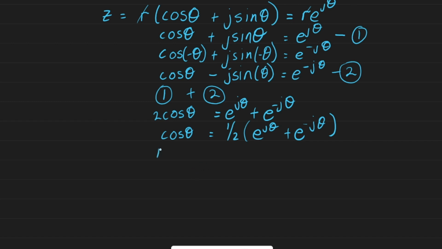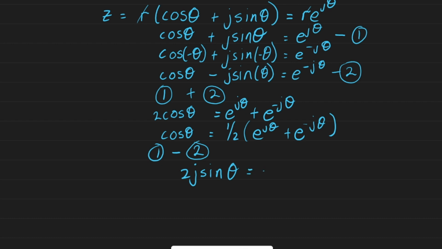All we do is we take equation 1 and we now subtract it from equation 2. So cos theta minus cos theta gives us 0, and then plus j sine theta minus j sine theta gives us 2 j sine theta. Of course, a minus and a minus gives us a plus, so it's 1 plus 1 gives us 2.